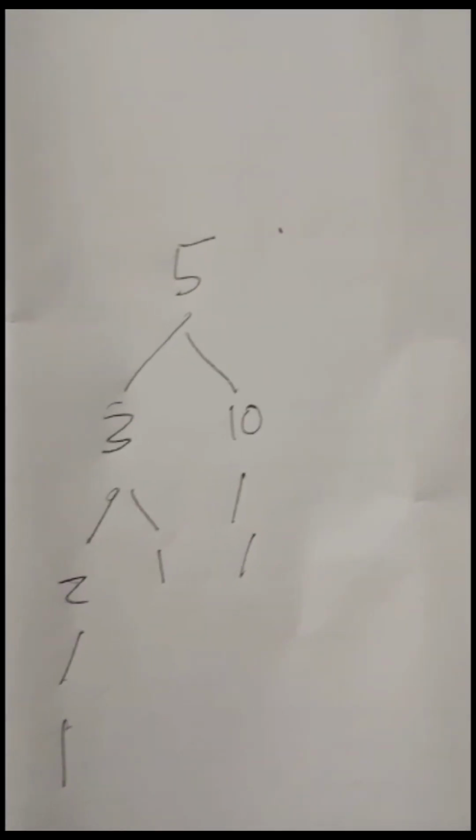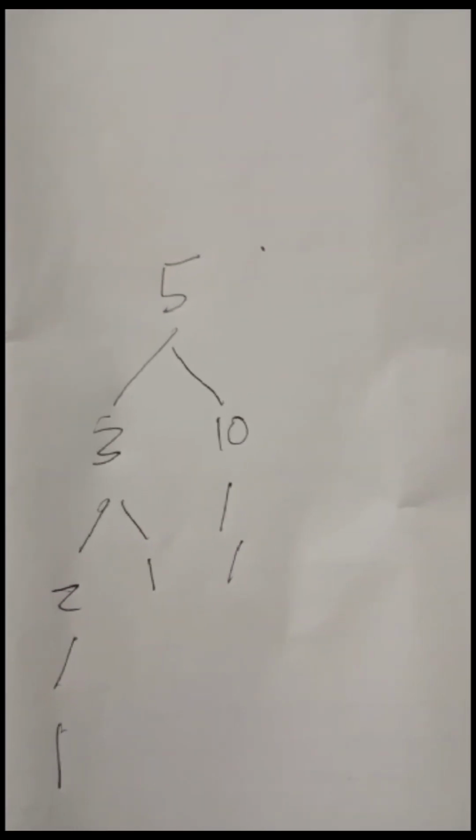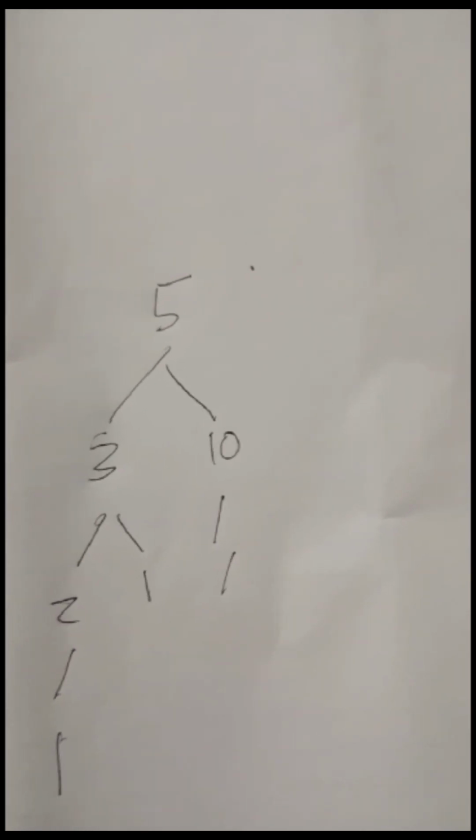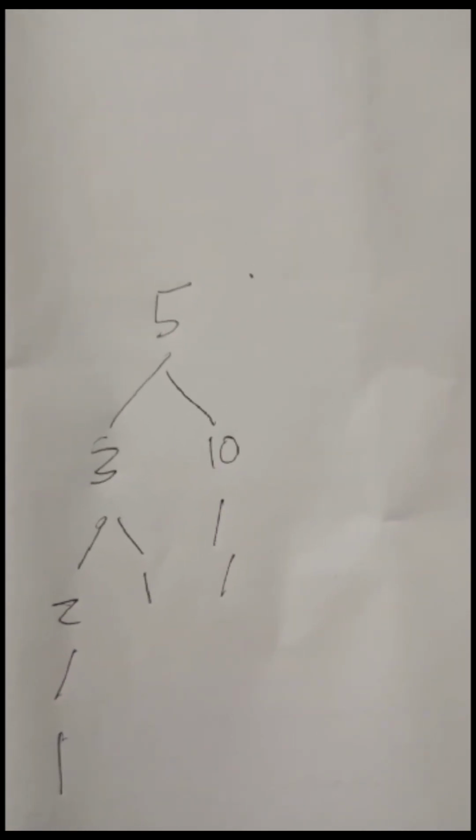This is the balanced tree after balancing. This is the step-by-step balancing: identify the unbalanced node 5, determine the rotation direction, right rotation, rotate the subtree, update balance factors.